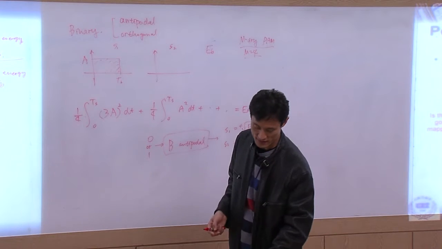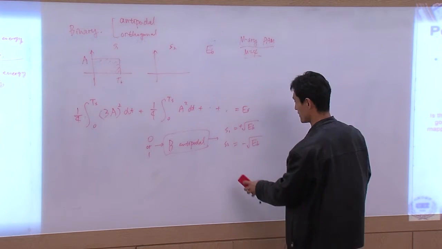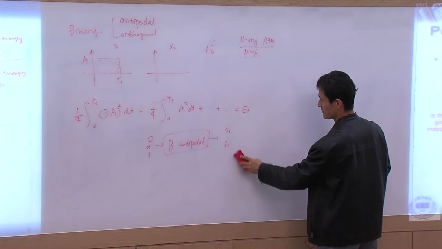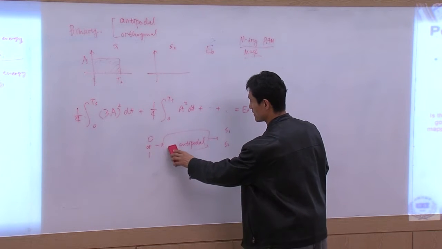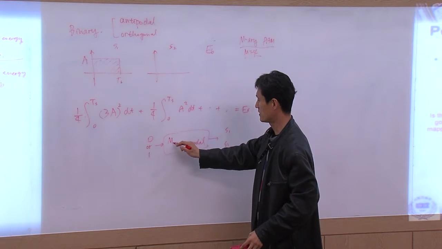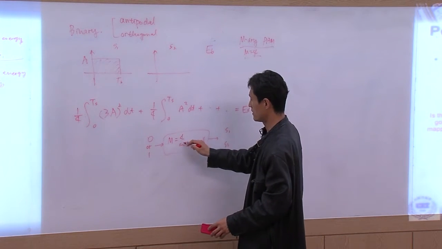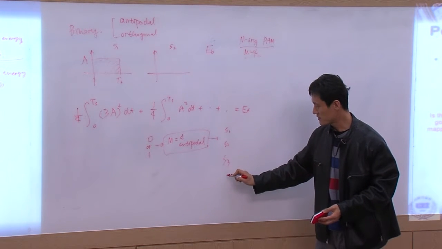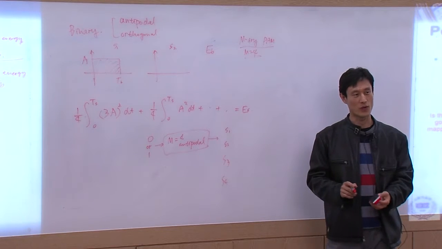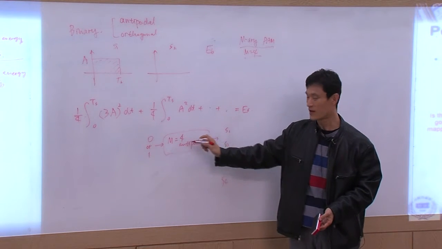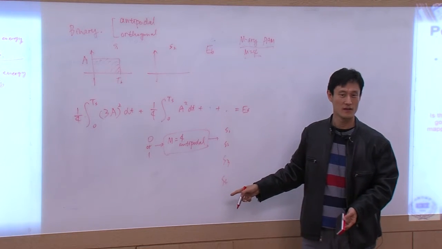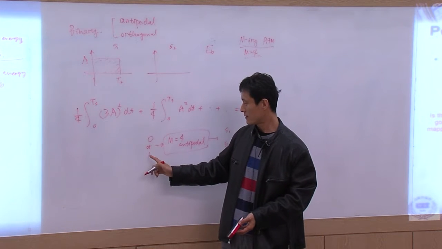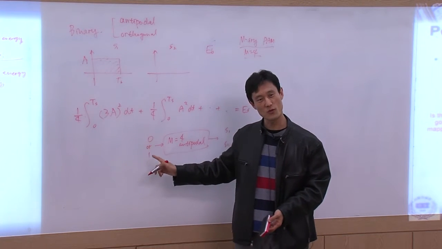In the M-ary case, now it's different. Not binary, but let's say M-ary with M equal to 4 as an example. Now we have 4 different symbols. When M equals 4, we have 4 symbols. But you have only 0 and 1.